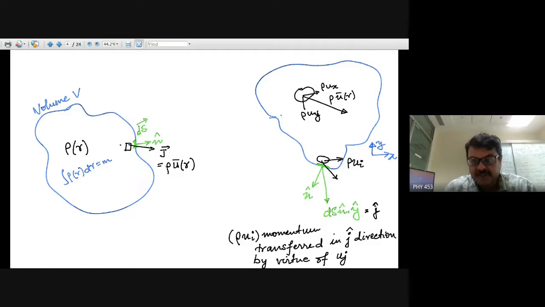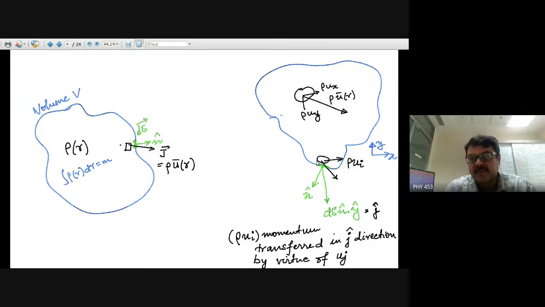So what we already discussed in the previous recording is that suppose there was an element of fluid here, flowing in this direction. So there's an amount of fluid and this is a fluid element. It is flowing in this direction and thereby it has momentum component in the x direction and in the y direction.